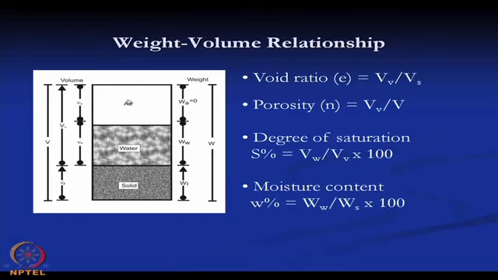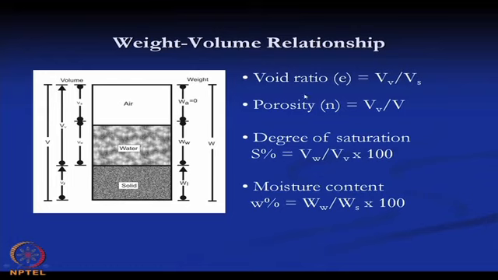That is, V V will be V W plus V A, and the total volume is V. Similarly, if we consider the total weight of the soil as W, then W S is the weight of the solid, W W is the weight of the water and W A is the weight of the air, which is generally taken as 0. So, we can neglect the air weight in the soil during the calculation.